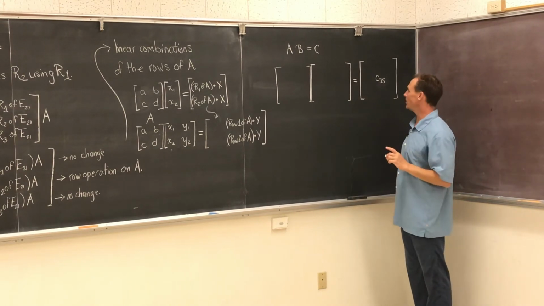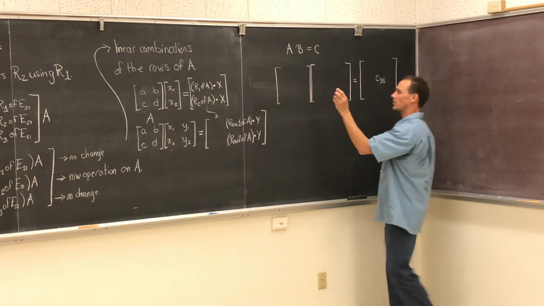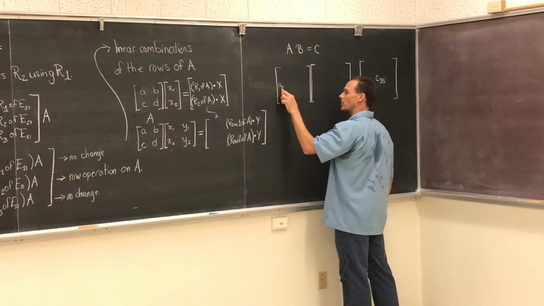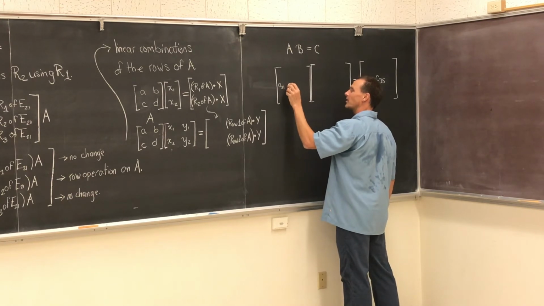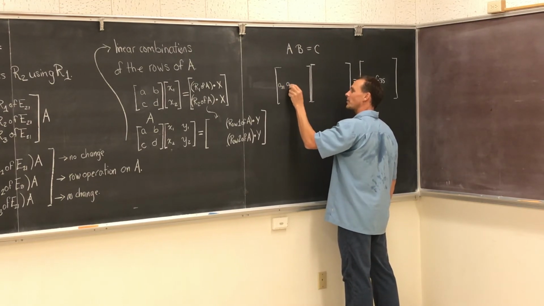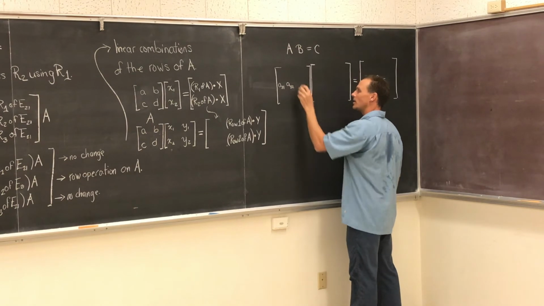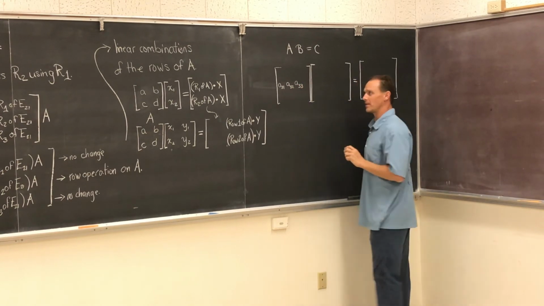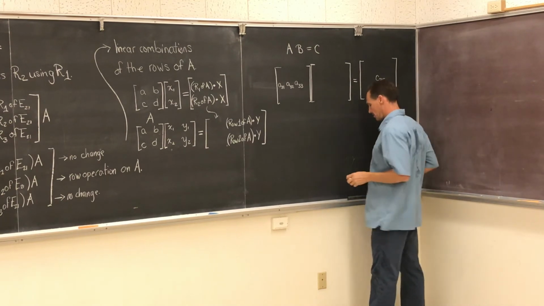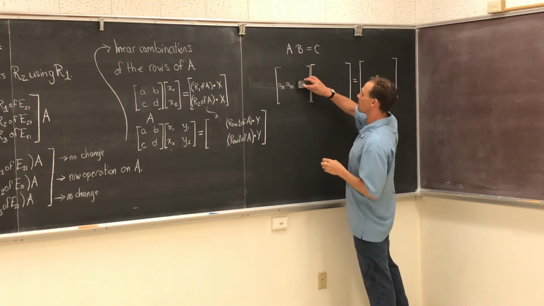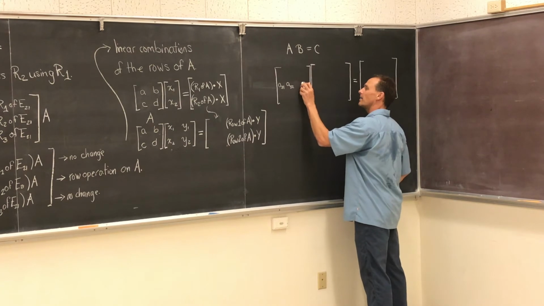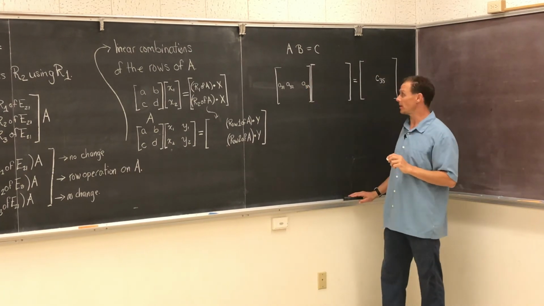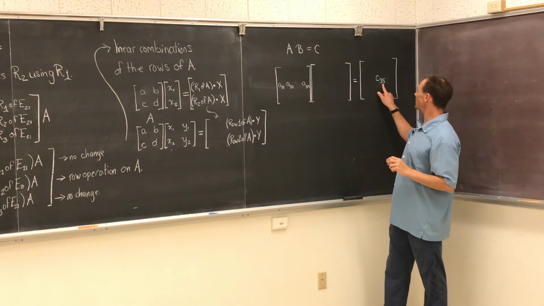So here's what I would do. I would take row 3. So row 3 of A, well, that's A 3,1, and there's going to be an A 3,2 and an A 3,3, and out to the nth column, A 3,n, dotted with the 5th column.